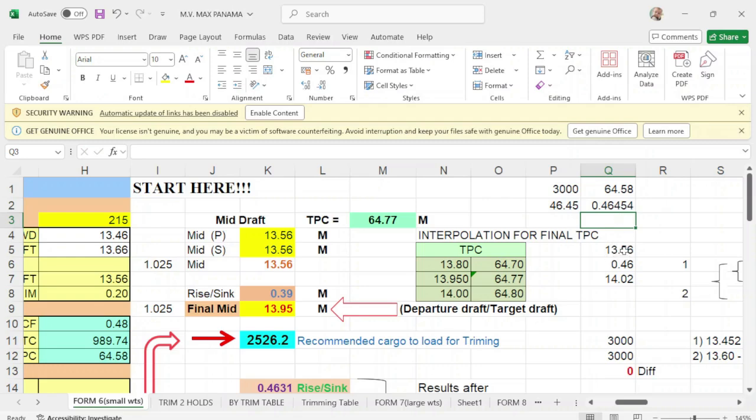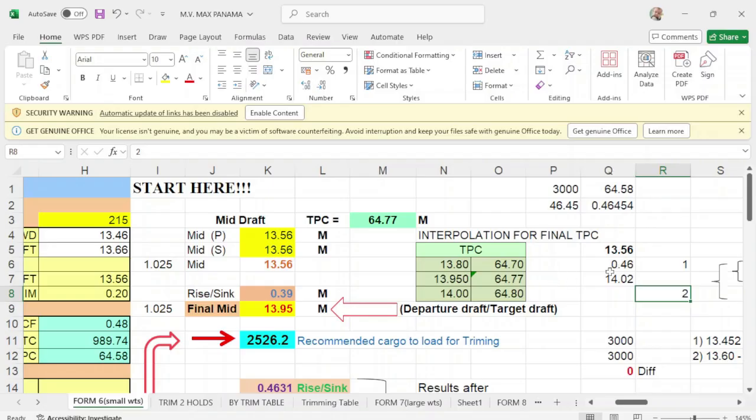So put here your mean drop of 13.56, and you put here the sinkage of 0.46, because that is how much the 3,000 tons will sink the vessel.